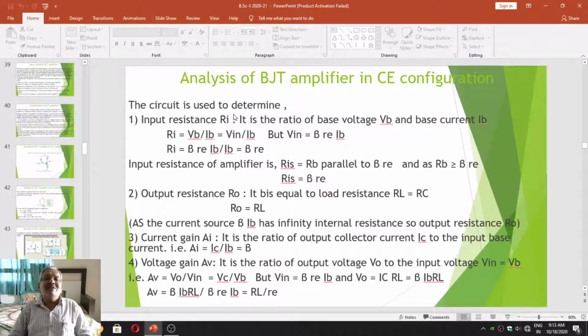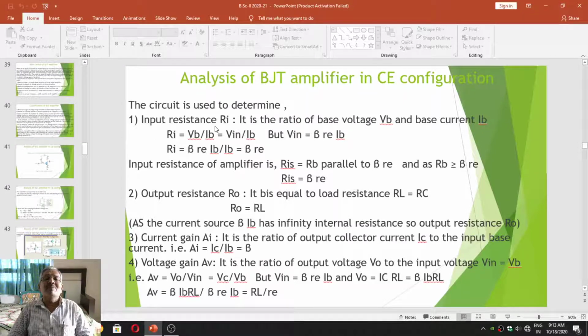So let us determine the first factor, that is the input resistance, which is represented by Ri. We know the definition of resistance, that is voltage upon current. As it is input resistance, we can say it is the ratio of input voltage upon input current. By definition, the input voltage is the base voltage and the input current is the base current, so VB upon IB is the input resistance.